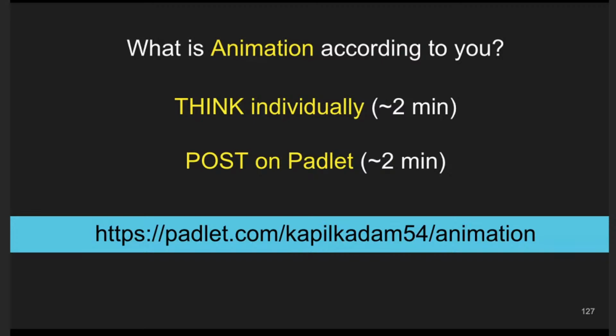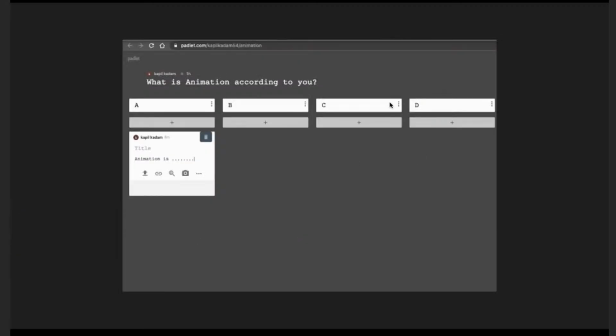Instead of telling them the definition, I wanted to understand what they know about animation. Whether they copy or discuss doesn't matter. I asked them to think for a couple of minutes and post on the Padlet. I had pre-created the Padlet with different columns so they could keep adding their responses.